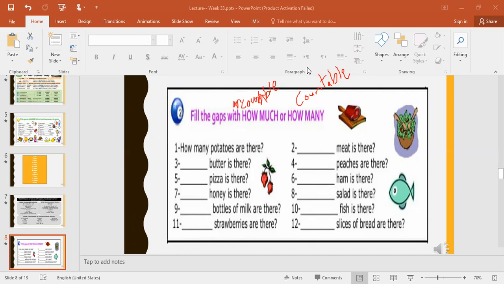How many bottles of milk are there? How many? Very good, because it's countable. Very good, because they used bottles. And when I say bottles, cups, glasses, it means it's countable.